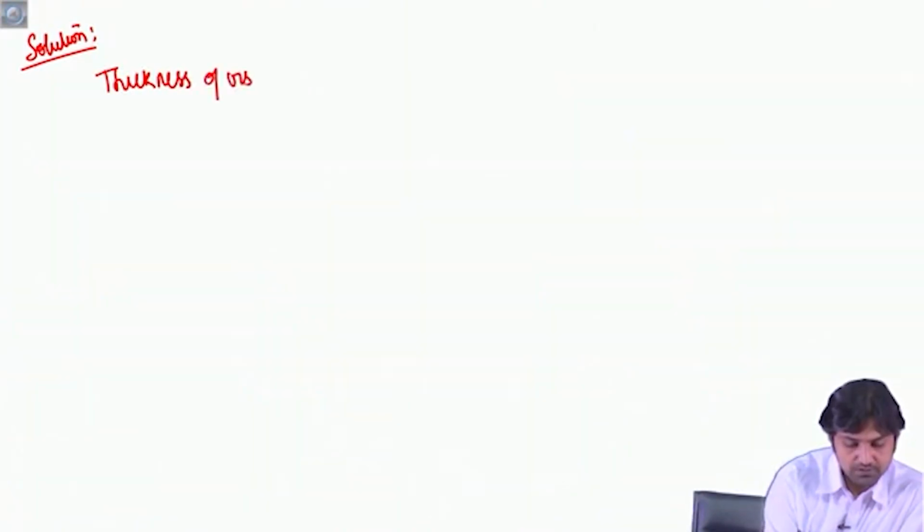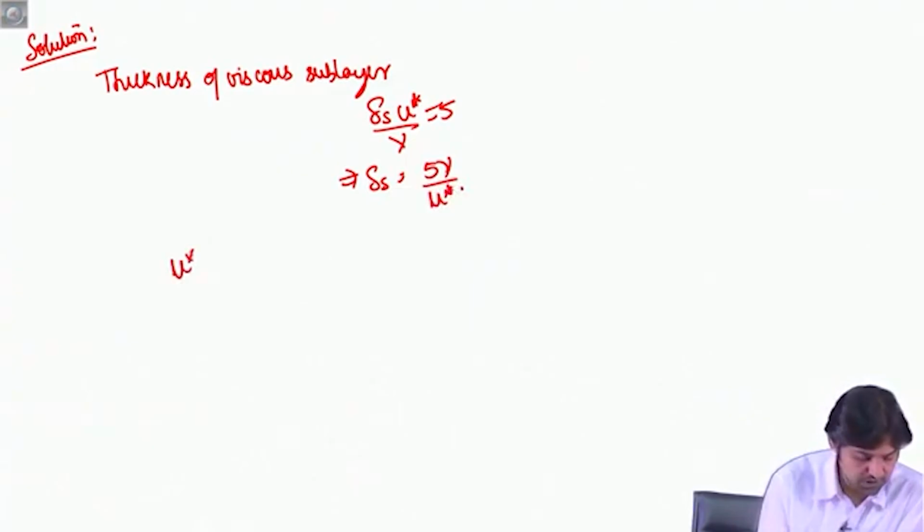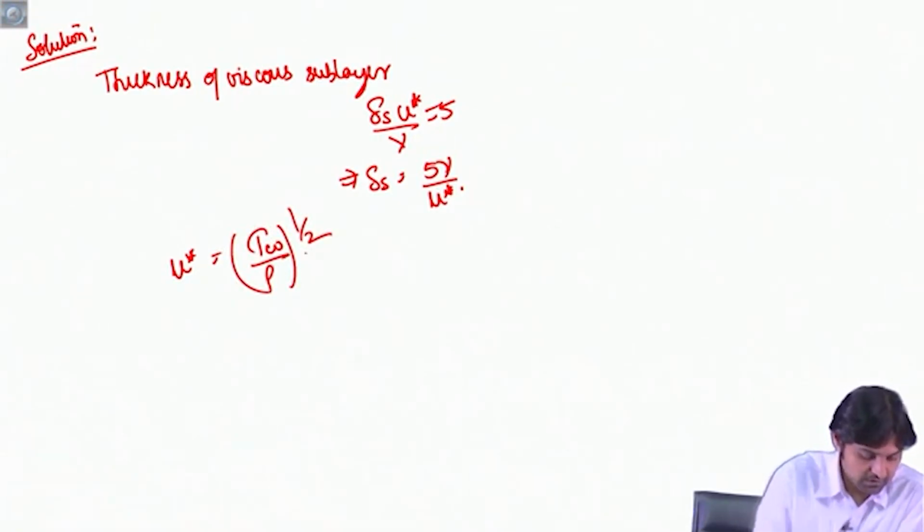The thickness of the viscous sublayer is given by delta S u star by nu equal to 5, so delta S is 5 nu by u star. We do not know u star, but u star can be written as tau w by rho to the power half. And how do we obtain the wall shear stress tau w?